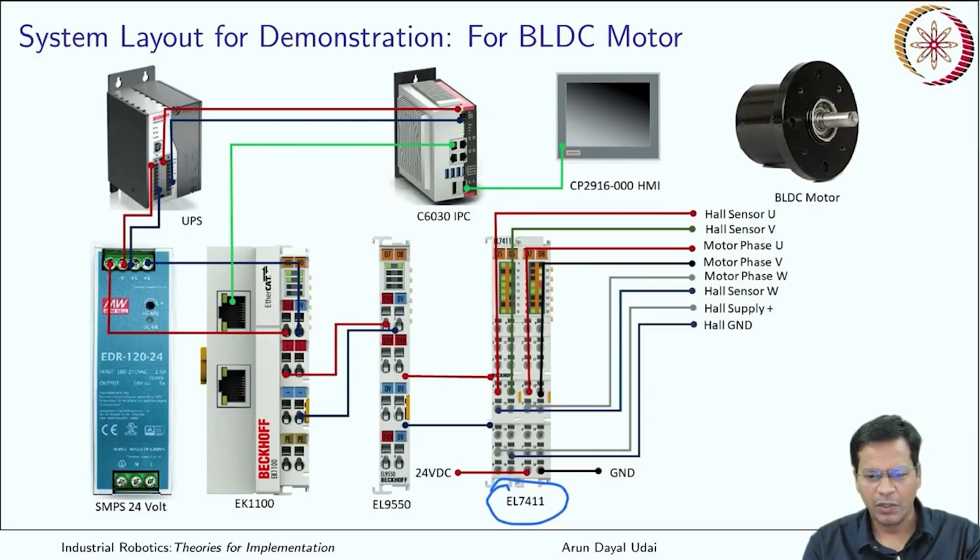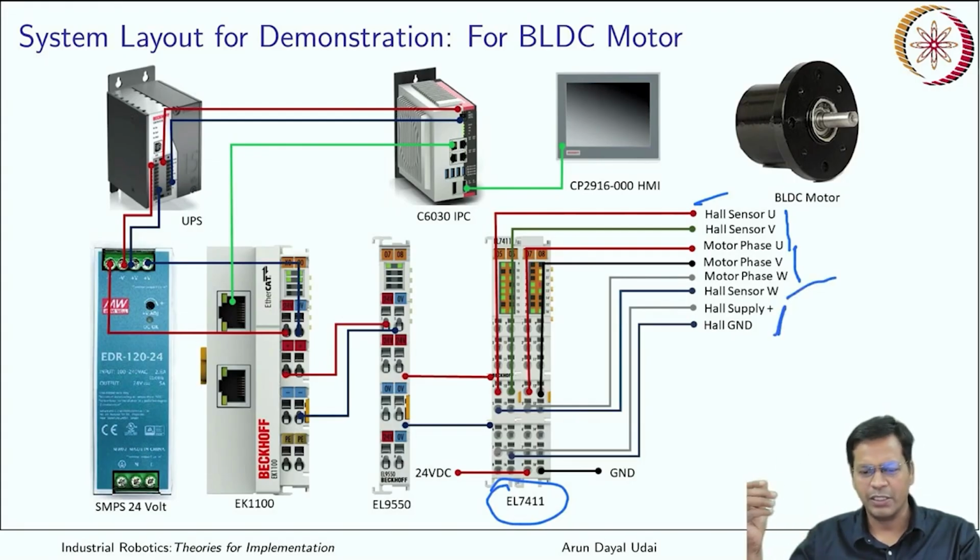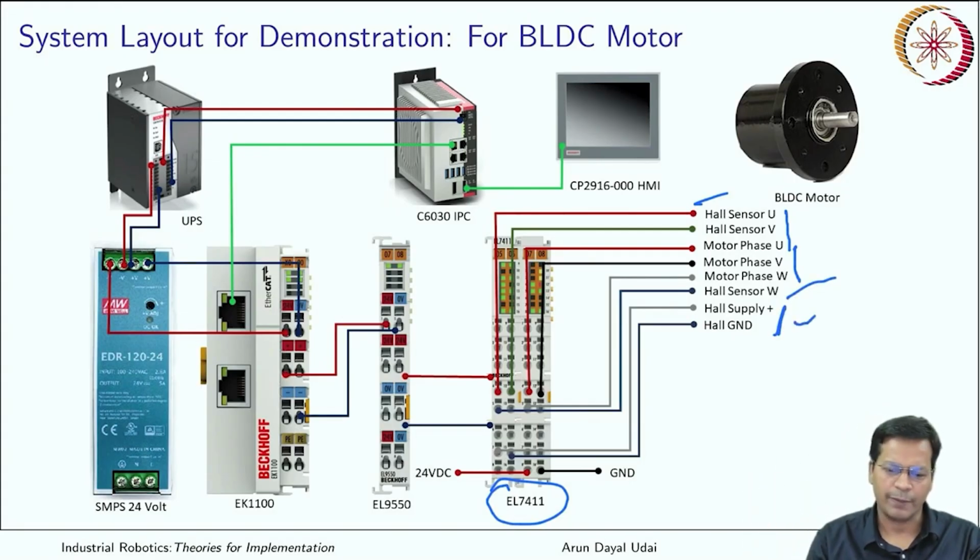Here UVW are the phase wires, and over here UVW for the Hall effect sensors. Then you have the motor phases, Hall W is here, Hall supply is there. Hall effect sensors need a supply also, that comes from here. And the rest is everything the same.